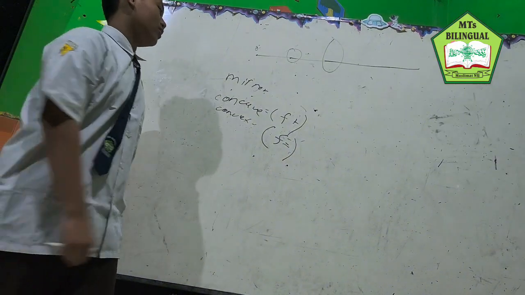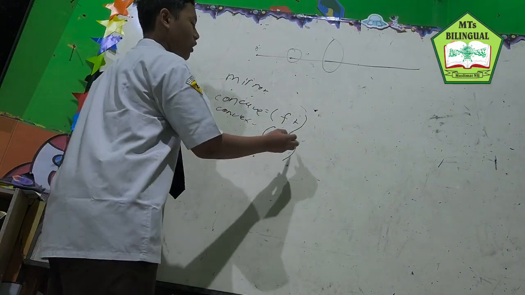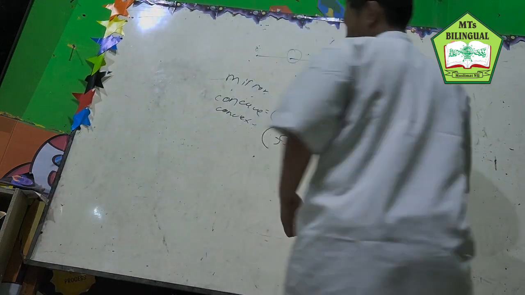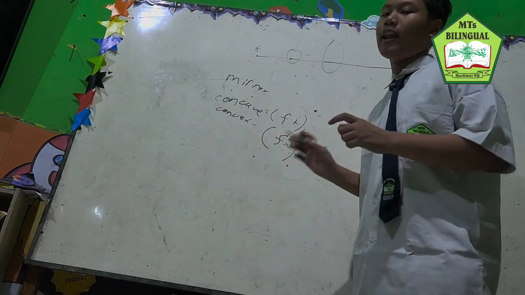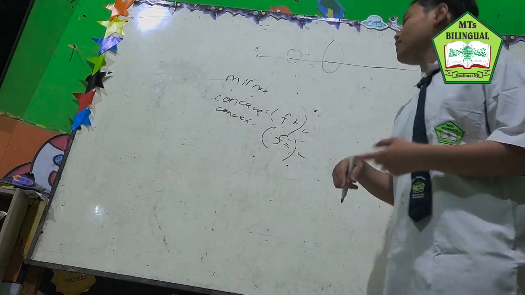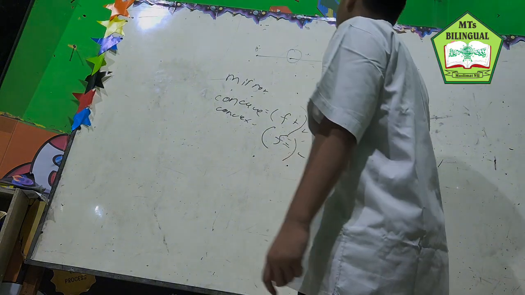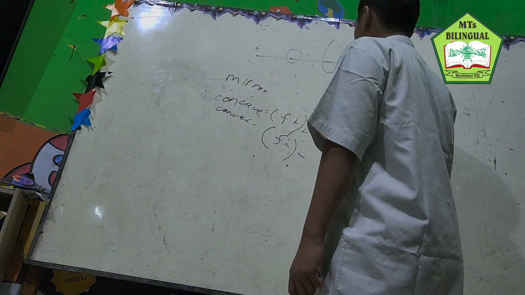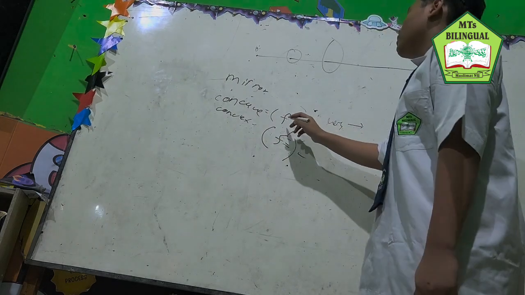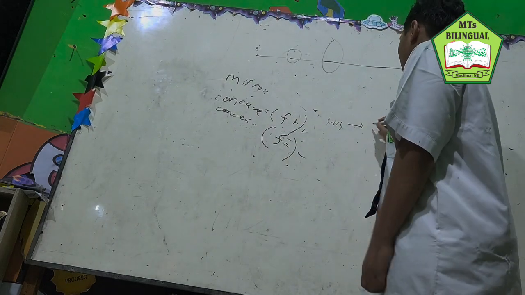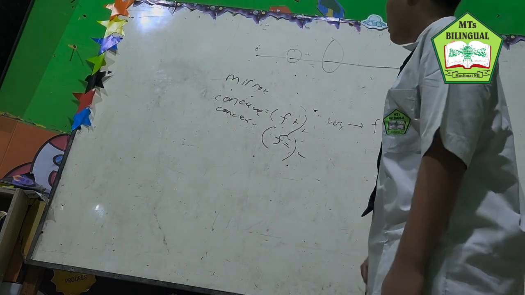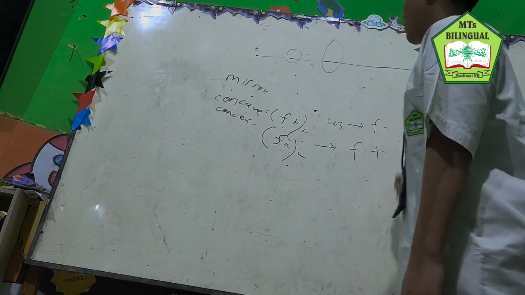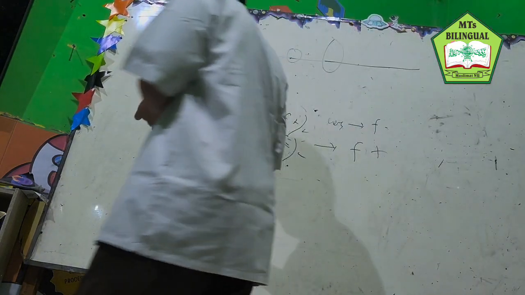For lenses, it is the opposite: for a concave lens the focus point is negative, but for a convex lens it is positive.